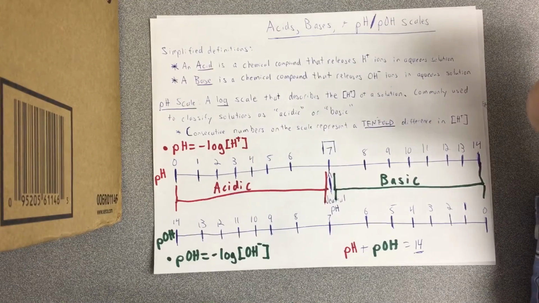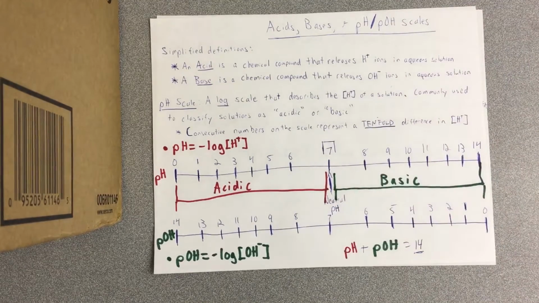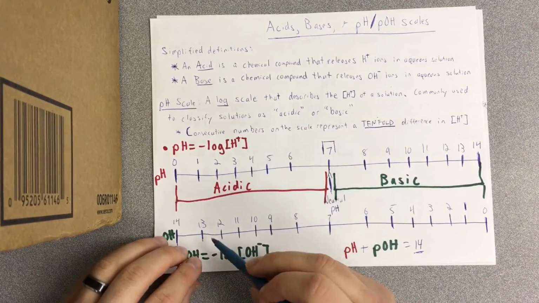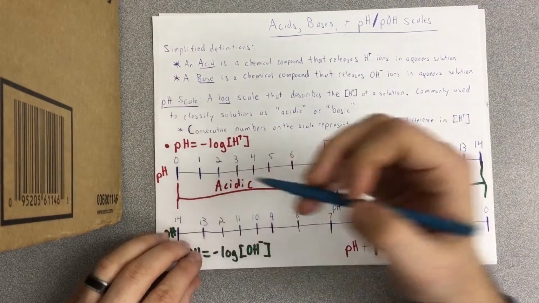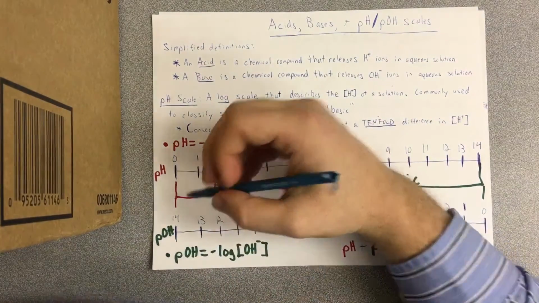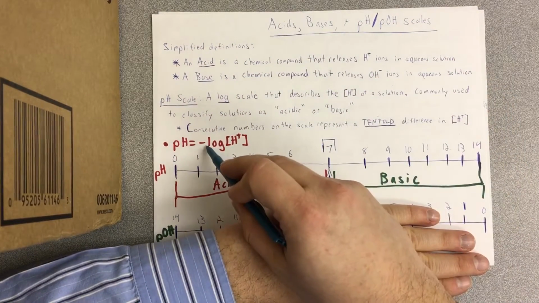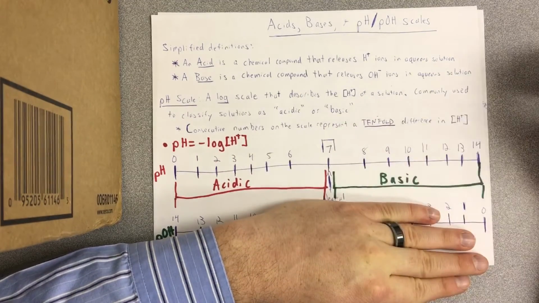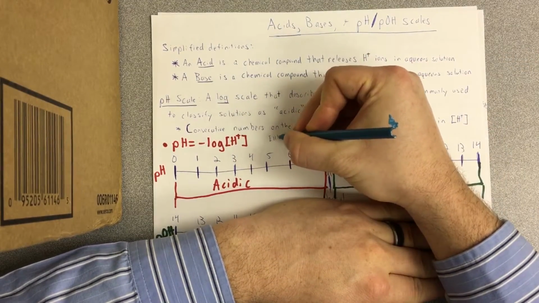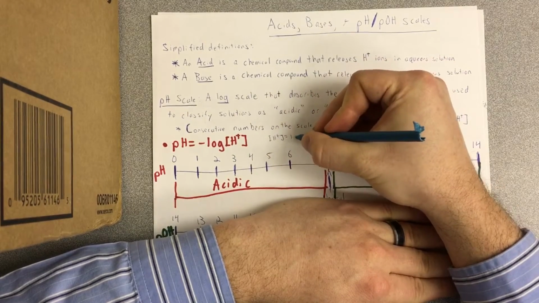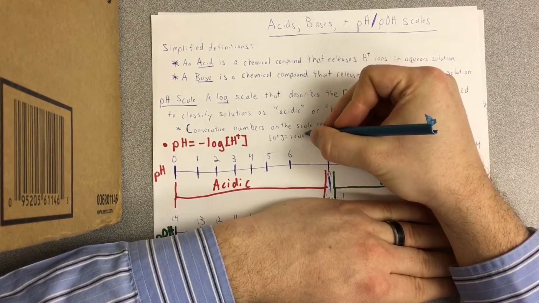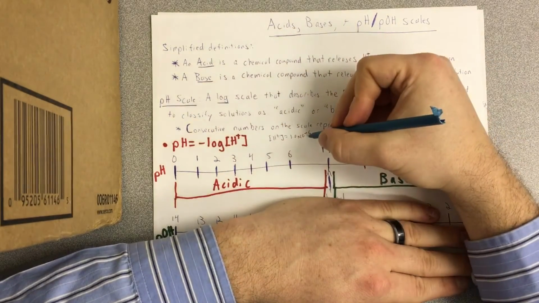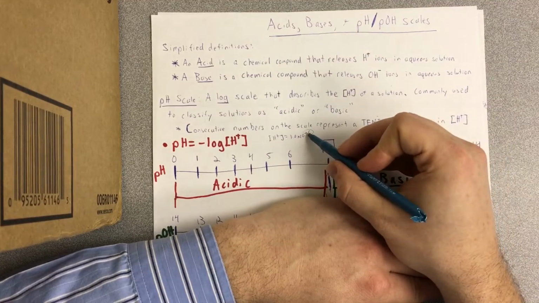And that comes from what the definition of pH is in terms of an equation. So if we're going to describe pH in the form of an equation, we would say that pH is equal to the negative log of the concentration of H+. So if your concentration of H+ for a solution is 1.0 times 10 to the negative 6, what that means is we're looking at this exponent and we're going to take the negative of it.